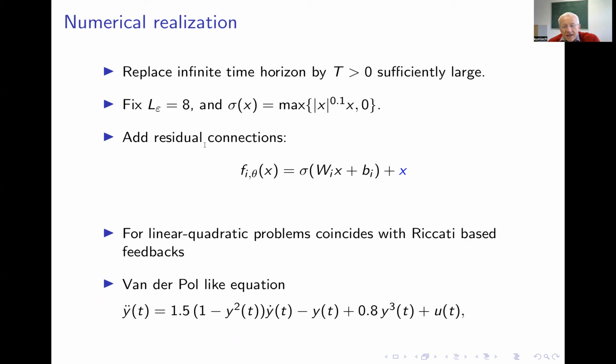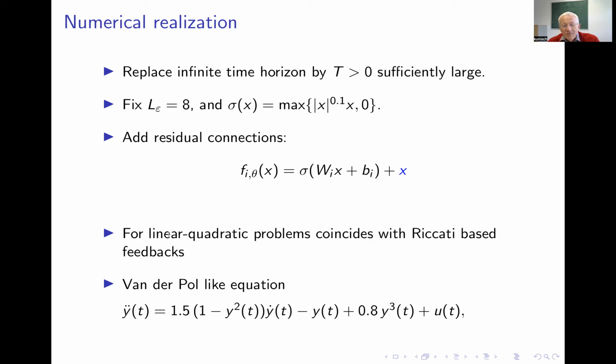Then we added residual connections. They are very useful in practice. Not everybody talks about it. I'm almost sure that most of the black boxes have such residual connections, but in papers they are not always mentioned. And then we start.